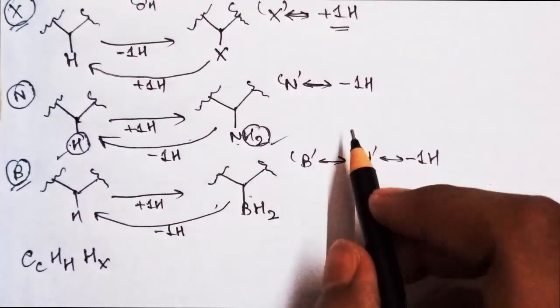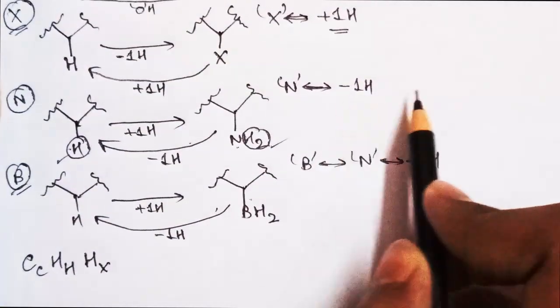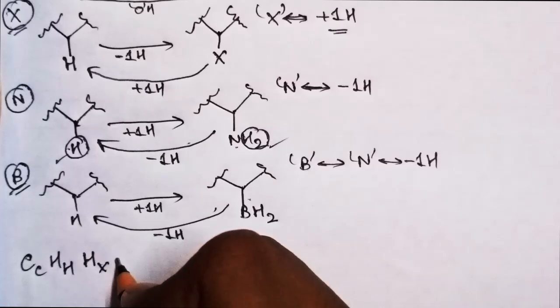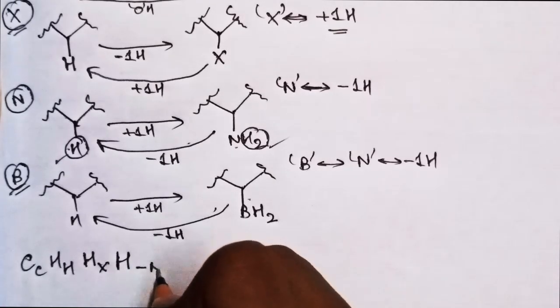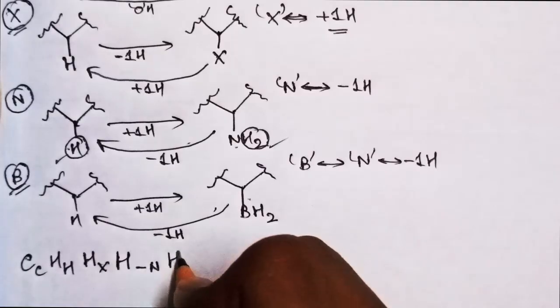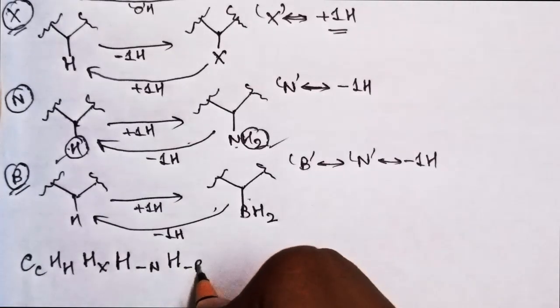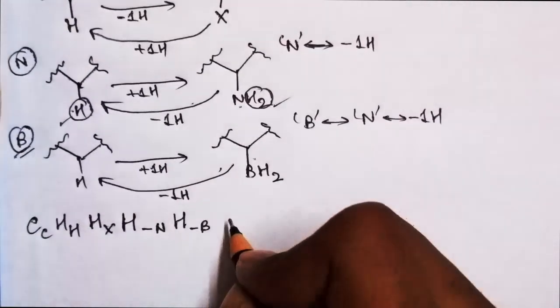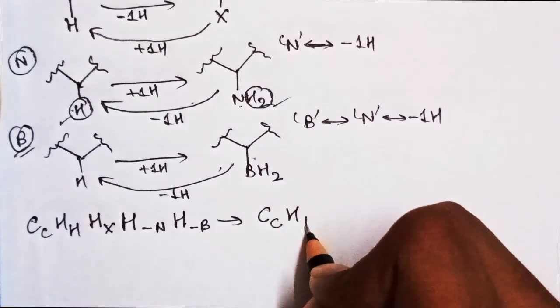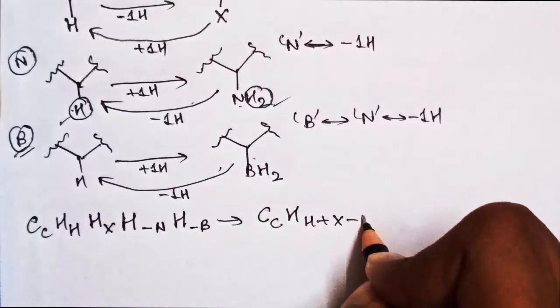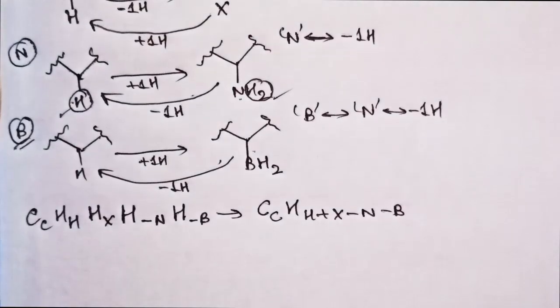Nitrogen, similarly, we can replace with a minus one hydrogen. Therefore, it becomes minus N, and similarly boron can be written as minus B. On condensing the formula, we get CCH H plus X minus N minus B.